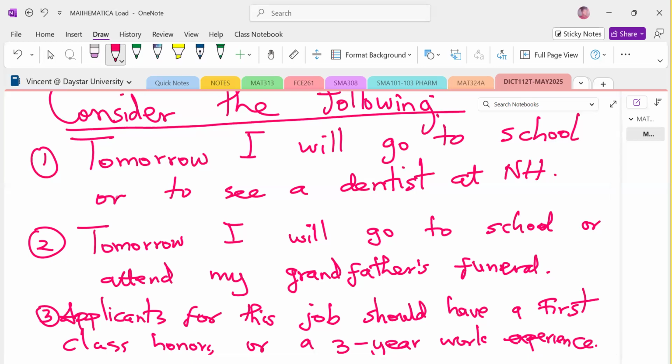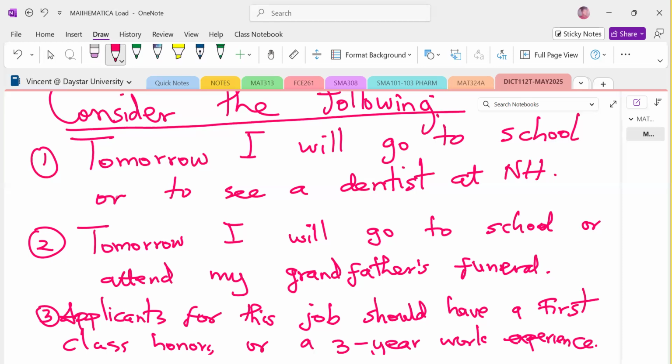And when this person doesn't go to school and sees a dentist, is it still in agreement with what they initially said? Then is it possible that this person will go to school and see a dentist? It's like the person is not allowed to do both.